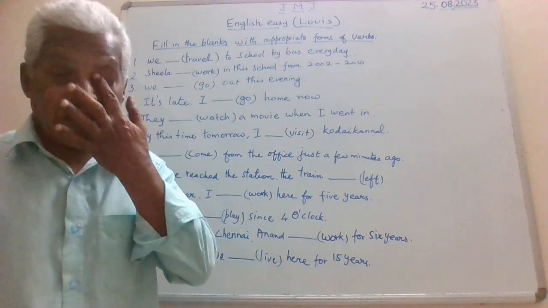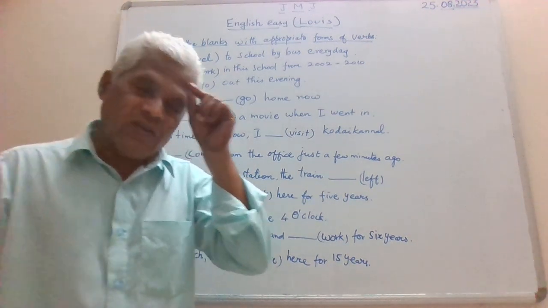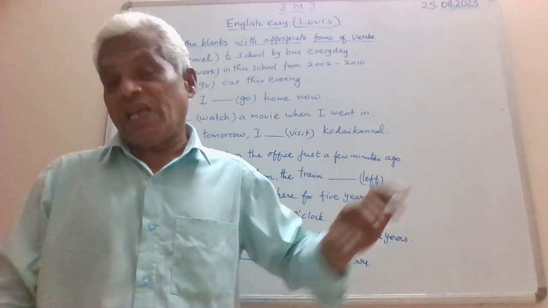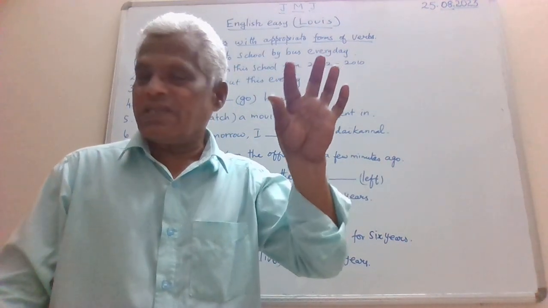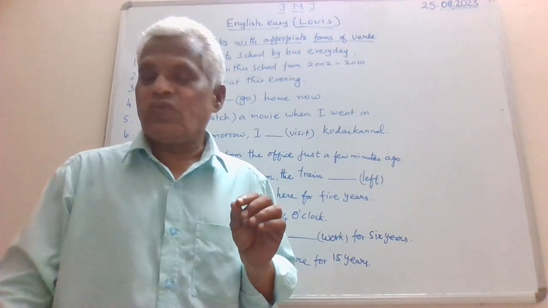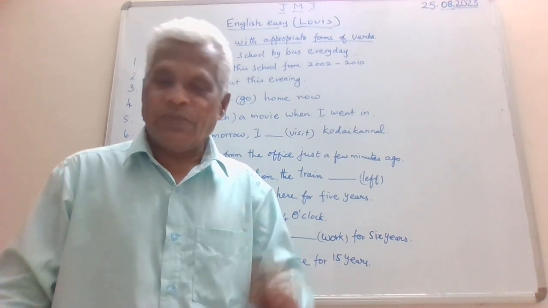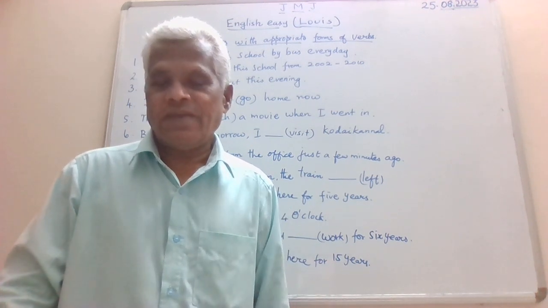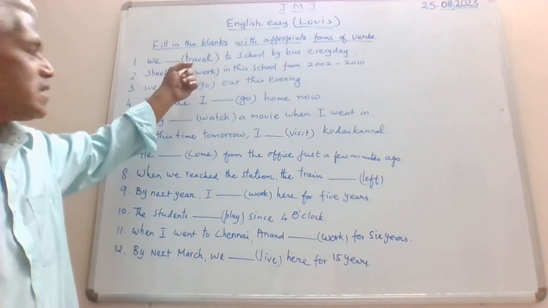What is the concept of the sentence? Every day. Immediately your mind should go to habitual actions. So what tense are we supposed to use to mention habitual actions? Simple present tense. So naturally, we are going to use a simple present tense verb.